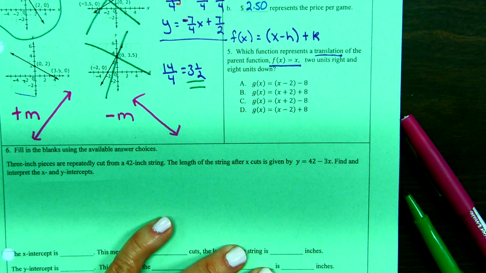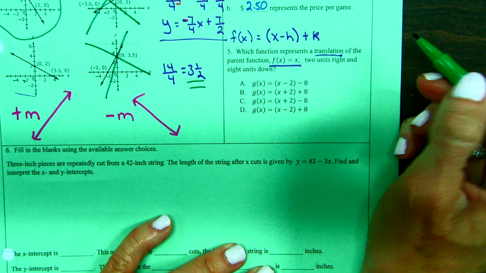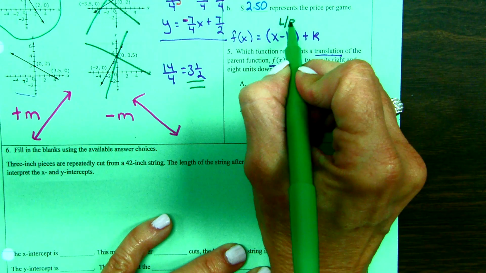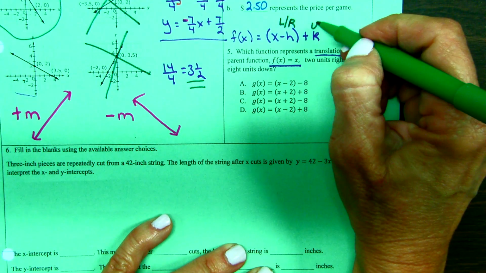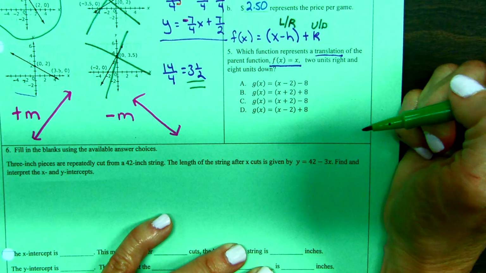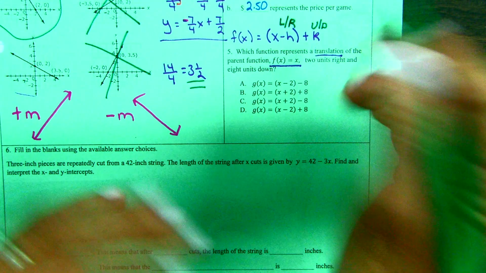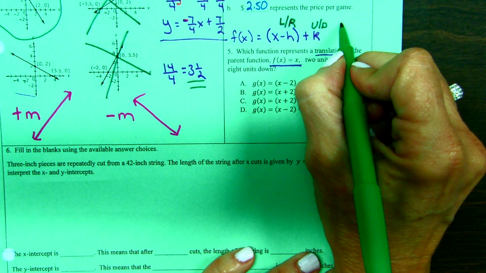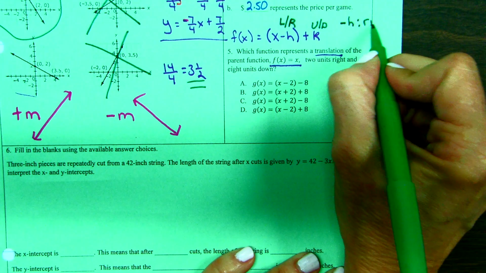This is perfect note card stuff. In the parentheses is your left and right. The K is your up and down. The sign in front of each H and K differentiates between left, right, up, or down. If there's a negative H, we go to the right.